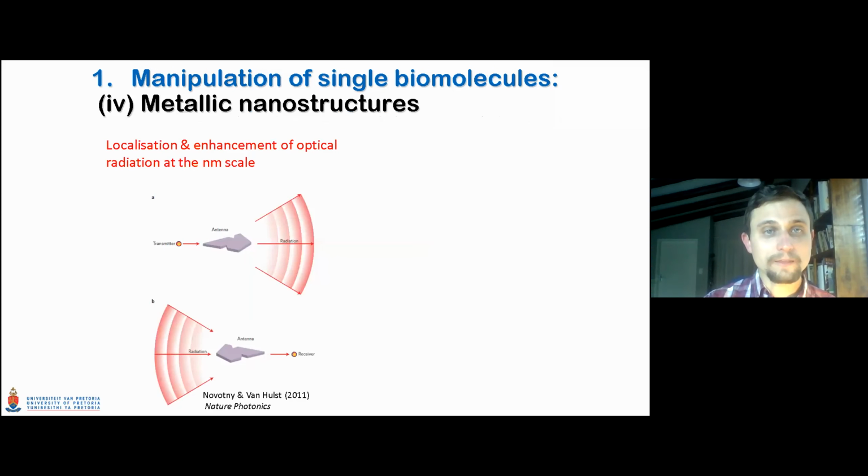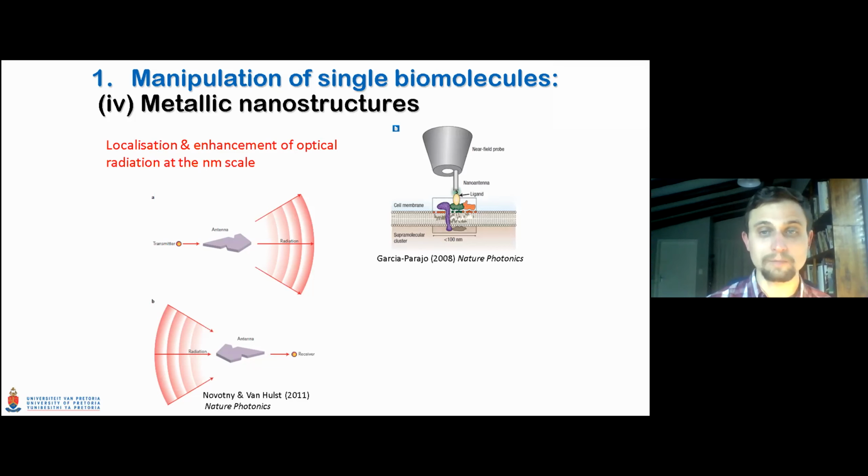Another method is by using metallic nanostructures, by localizing or enhancing the radiation. You can use this, for example, to confine the light to nanoscale regions, and you can look at the interaction between the metallic nanostructure and the biomolecules, with many diverse applications there.